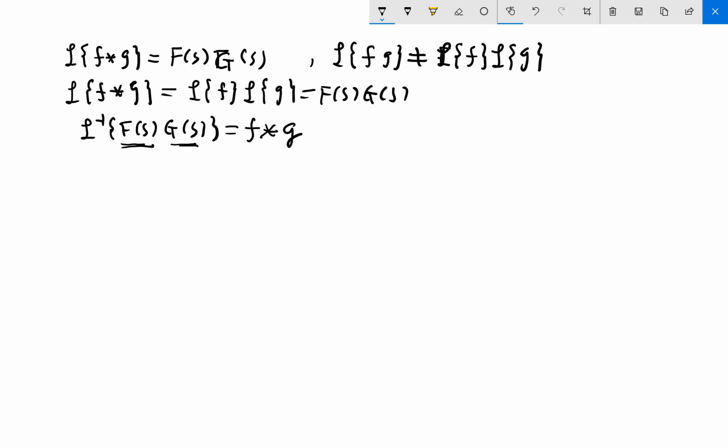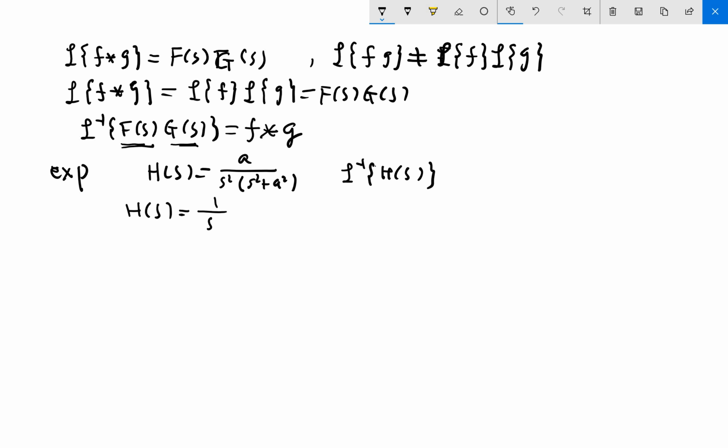Okay, now let's look at an example, how we apply this formula to find the inverse Laplace transform. Capital H(s) is equal to a over s squared plus a squared. We want to find the inverse Laplace transform of H(s). Obviously, H(s) can be written as 1 over s squared times a over s squared plus a squared.